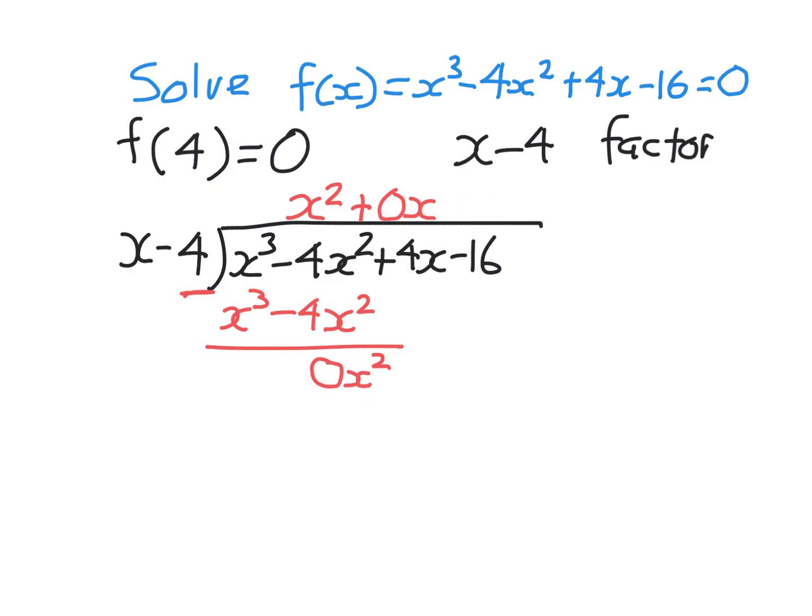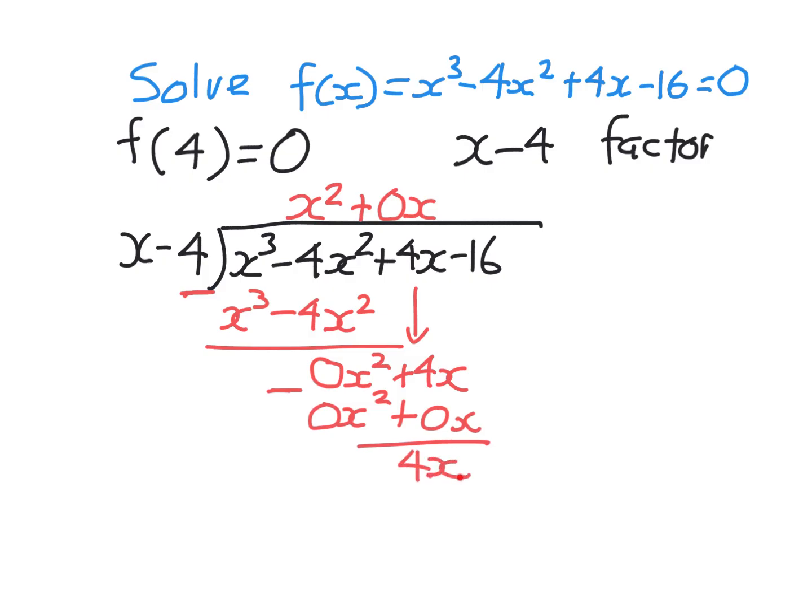So I'm going to follow the process. I'm going to bring down the 4x, and when I get something up the top, I multiply it by this here. So that will be 0x squared, and of course 0x times minus 4 gives 0x. So now I'm going to subtract to calculate the remainder. 4x minus 0 is 4x.